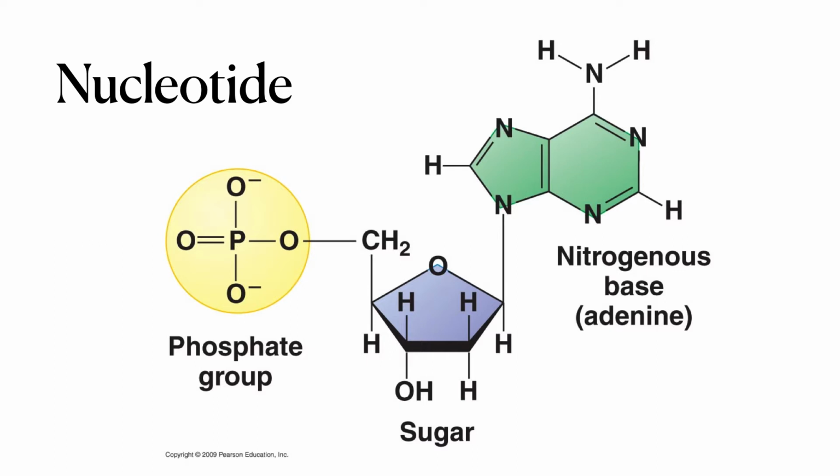The second component is a 5 carbon sugar, a monosaccharide, and so that should have been somewhat familiar. And then what distinguishes each nucleotide from one another is what's called a nitrogenous base. It's this ring structure, and we'll look at the actual individual structures in a moment. So three components: phosphate group, sugar, and then a nitrogenous base.